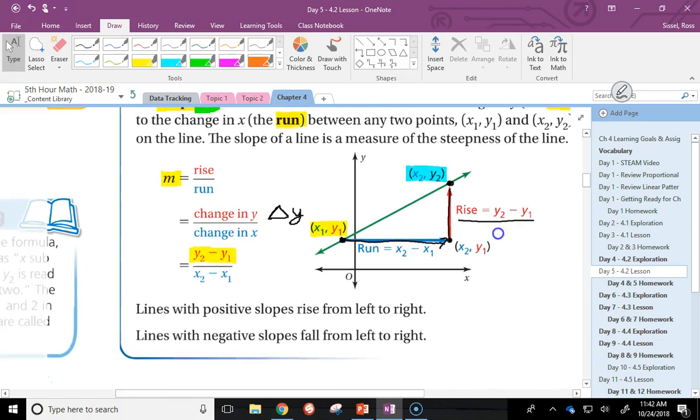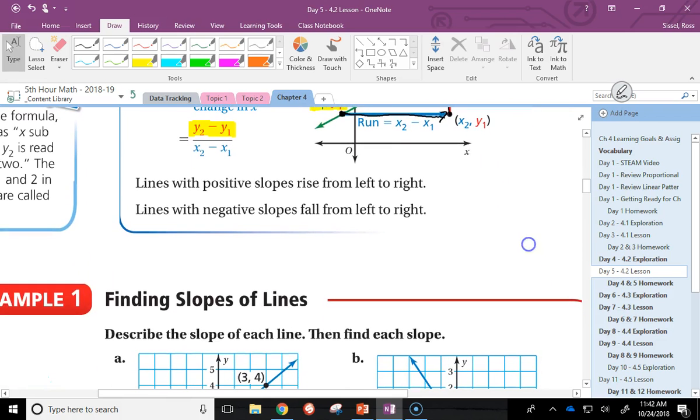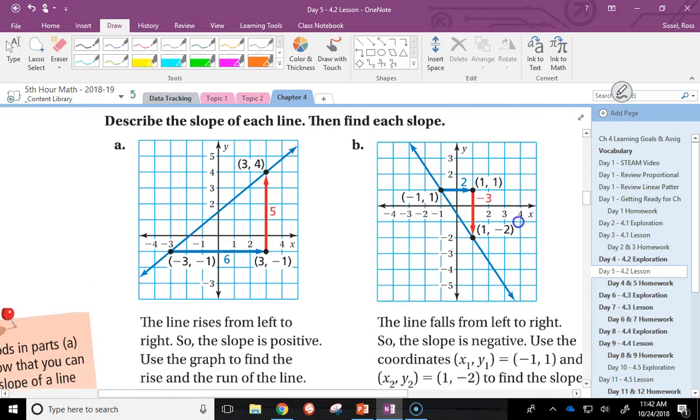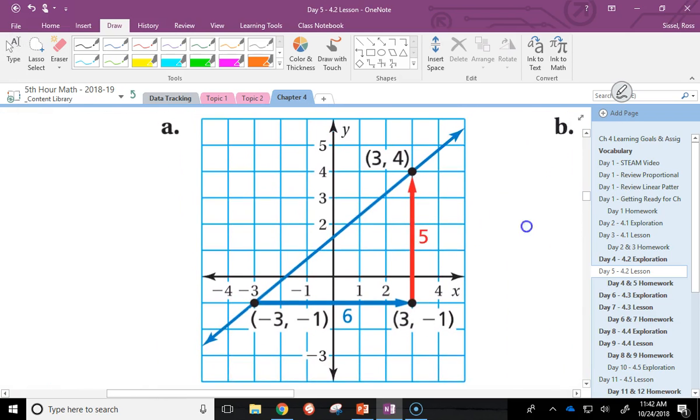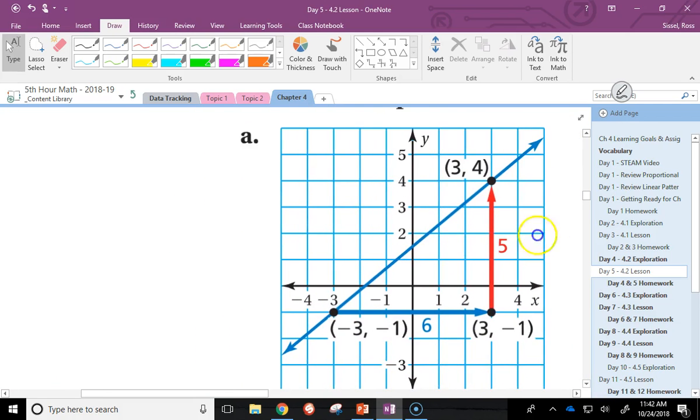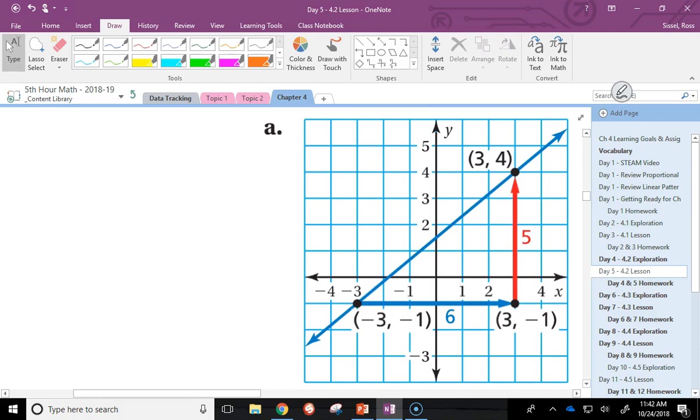To do this, there's two methods that I said we're going to use, and it's very, very easy. I'm going to do A for you, and then I'm going to have you guys try B. So pay attention. A, I'm going to do the first method. The first one, I'm going to continually rewrite this so we don't forget it. Rise all over run. And remember, if we go up, it's a positive.